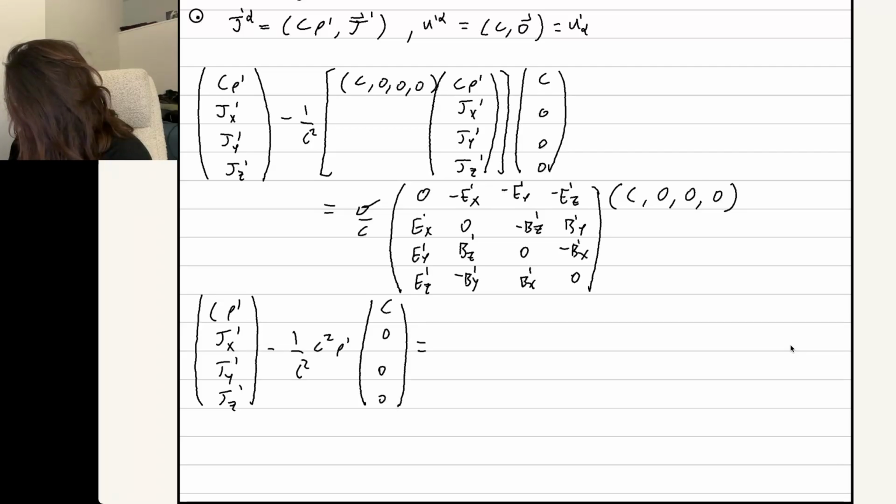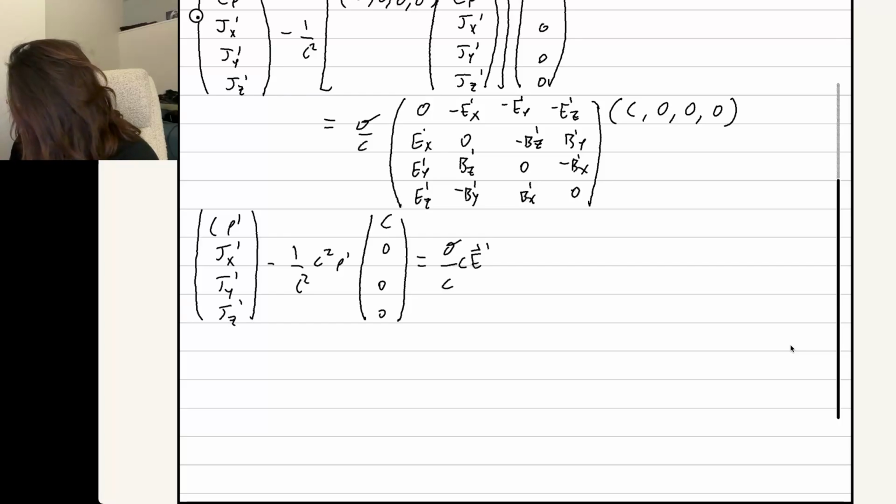And on the right-hand side, we have sigma over c. Because u alpha is a row vector, what we're going to end up with is just E prime times c, right? Because we're just going to go down this first row, multiply it by c each time. So yeah, we just get c E prime.